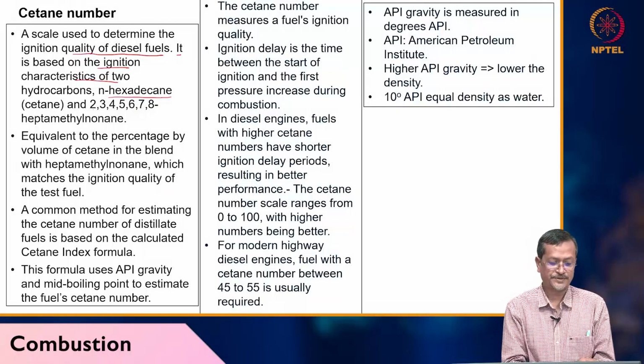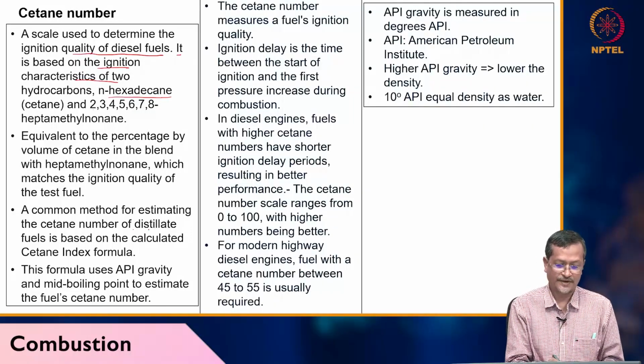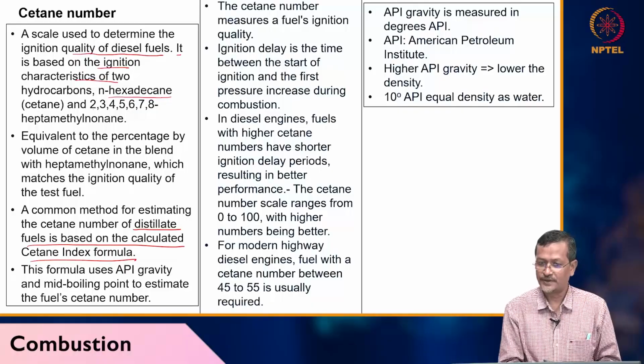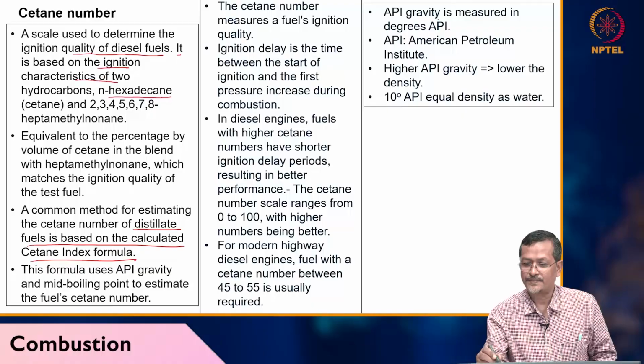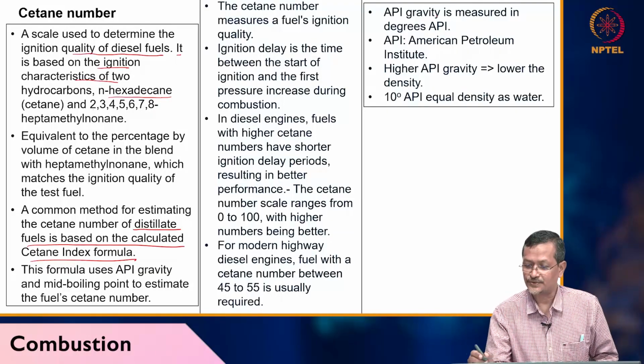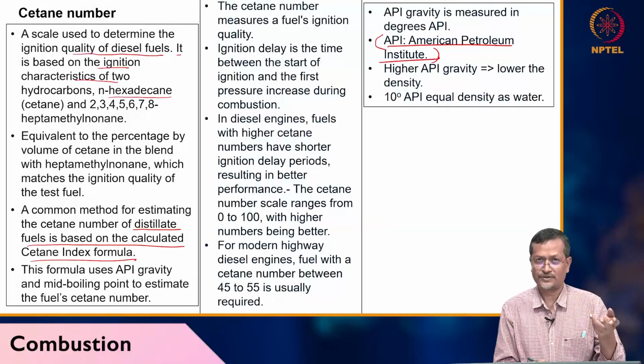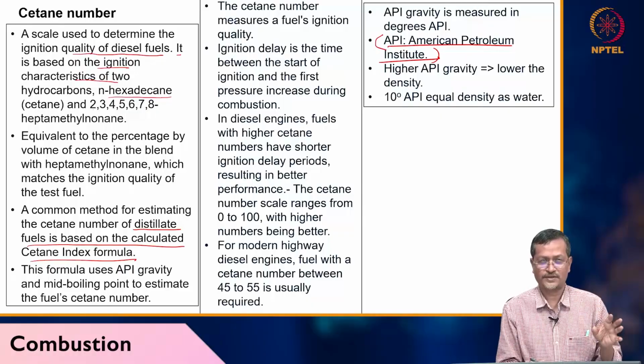A common method of estimating the cetane number of distillate fuel is based on the calculated cetane index formula. The formula uses API, the American Petroleum Institute. Normally they standardize things and give lots of formulas if you are designing any machine or petroleum related product.